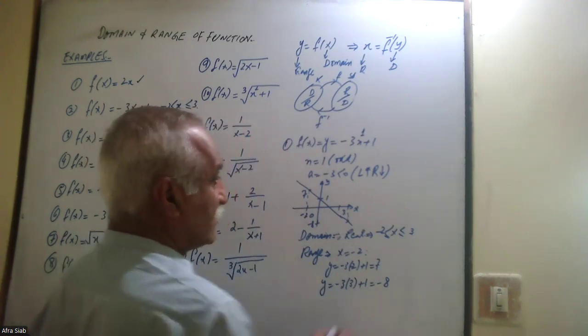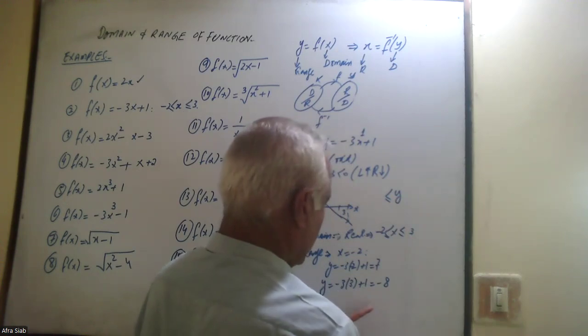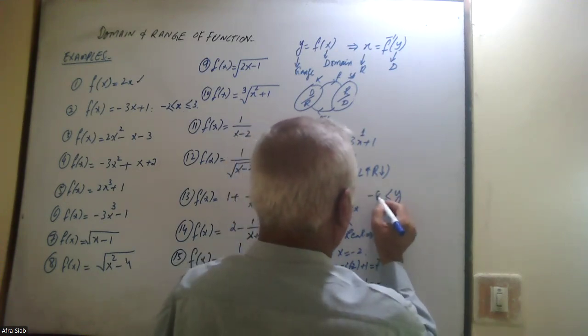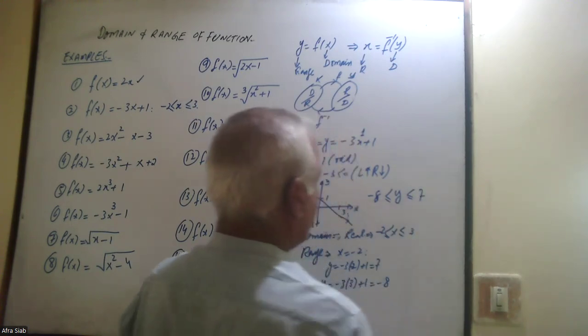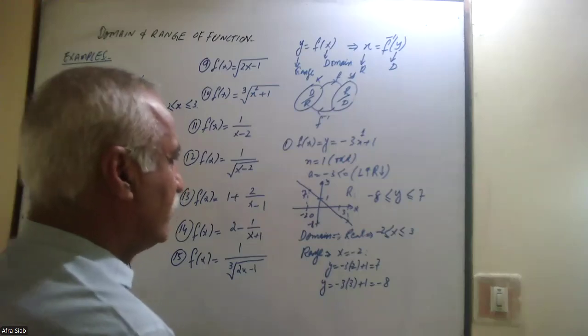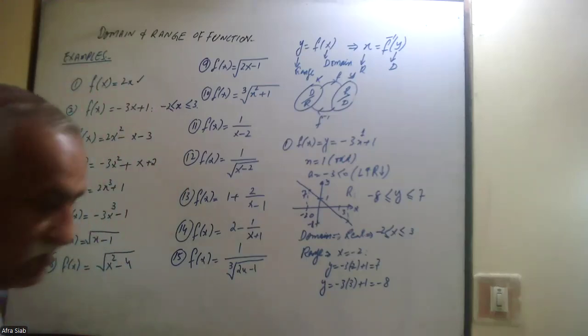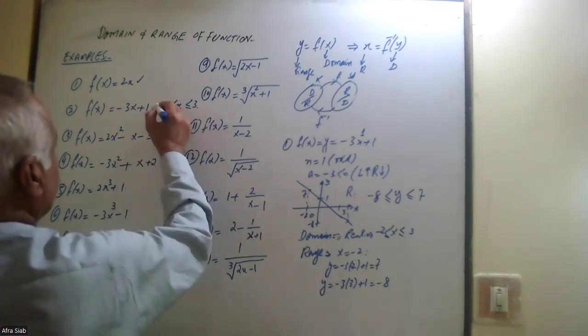So the range of this graph will be y greater than or equal to -8 and less than or equal to 7. This is the range of this graph, and this is the domain, which is already mentioned there. Now, question number 3.